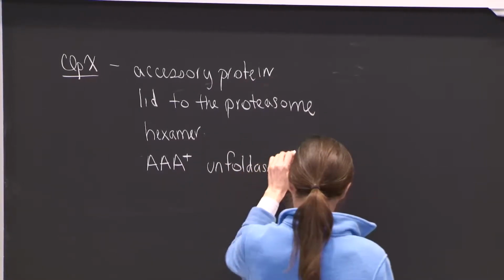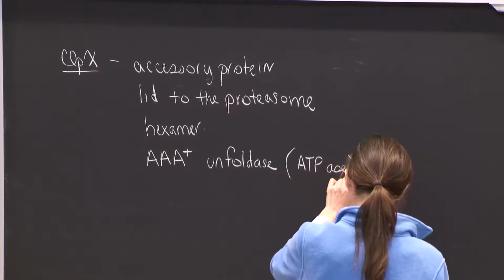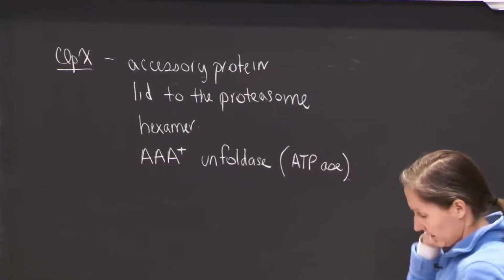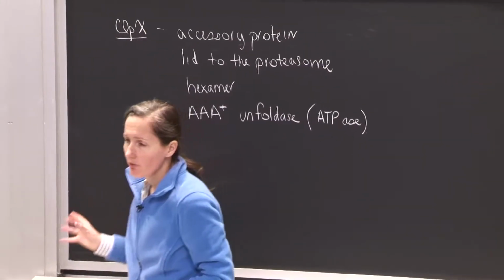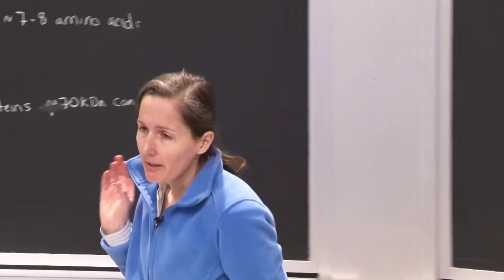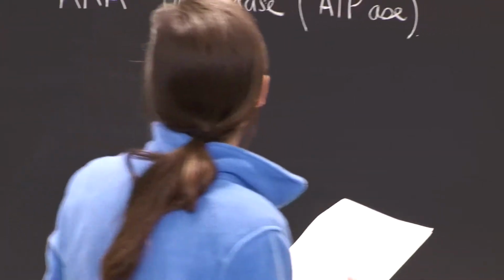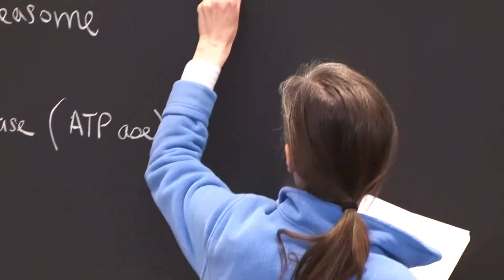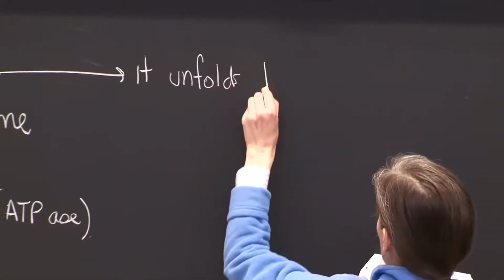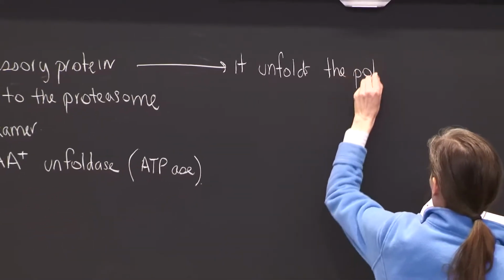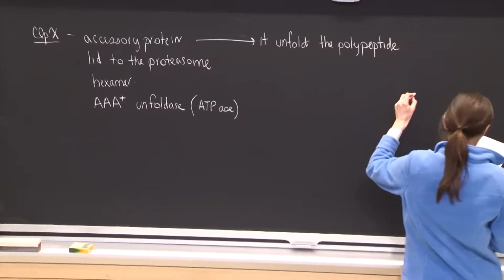It's an ATPase here. And effectively what we'll see is that ClpX has an important role as an accessory protein that unfolds the polypeptide that's destined for degradation by ClpP. So it unfolds the polypeptide, and we're going to have to ask how as we go through.